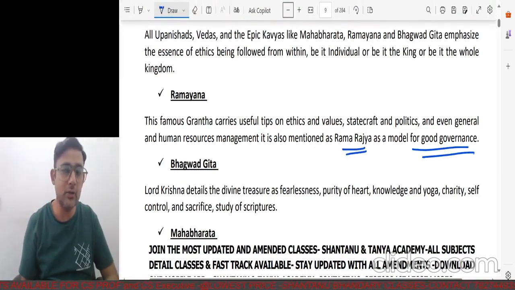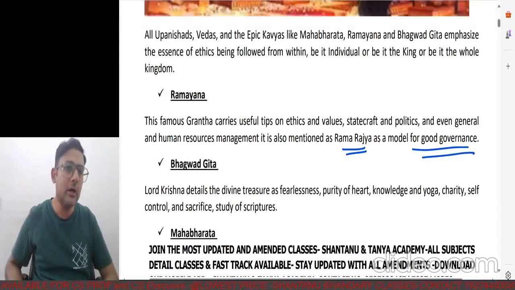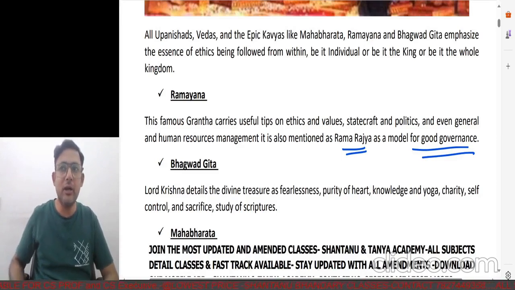Ram Rajya, even in today's times, means that people are good at heart. They don't have any spirit of cheating or doing fraud with each other. The ruler of that particular kingdom is also a nice person who does justice with everyone. So everything is 10 on 10 in a Ram Rajya.